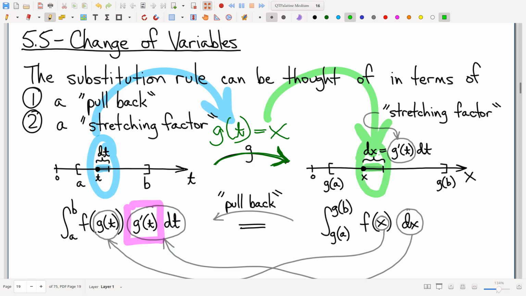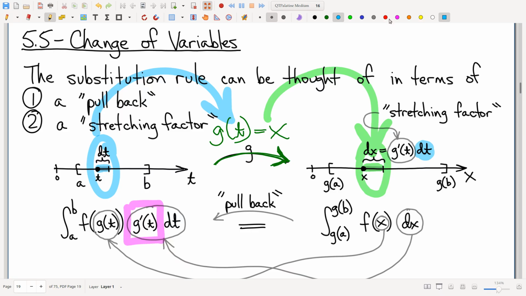I'm going to make the observation that we already have that relationship. We already know that dx is g prime times dt. That's just a derivative. That's what a derivative does. Derivatives are what you multiply by input differentials to get output differentials, in this case.